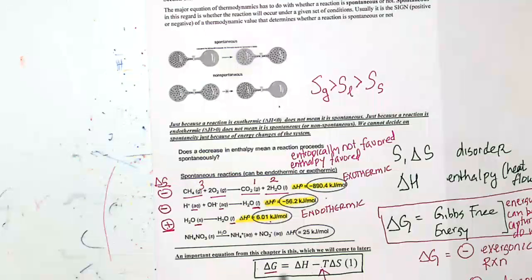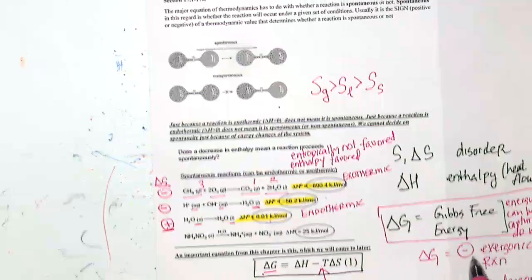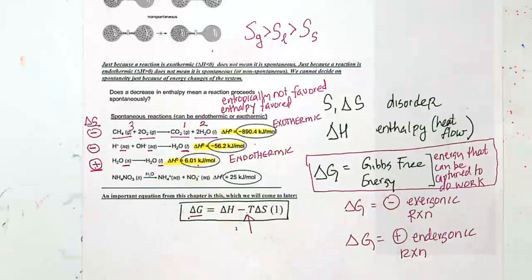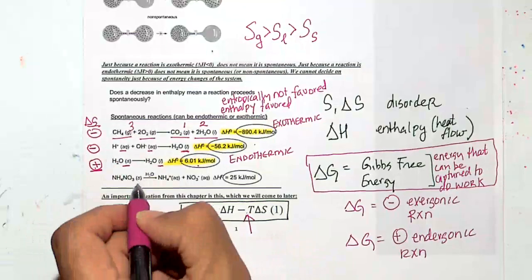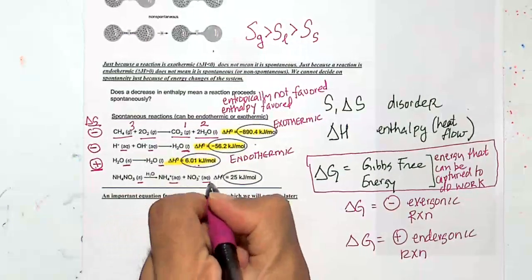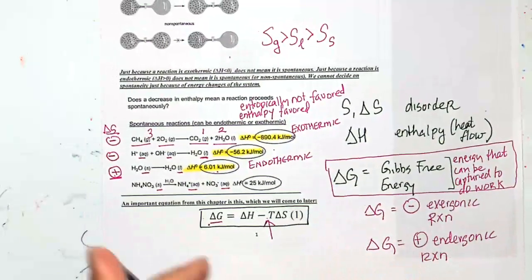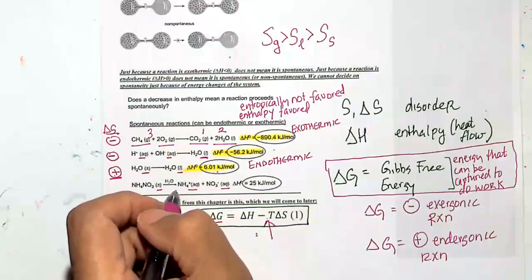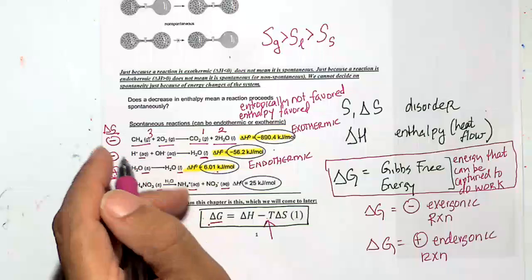You have to plug in the values, plug in a temperature. If it's negative, then yes, it will go to products, because some reactions are enthalpically or entropically favored. All right, here we have one solid going to an aqueous and aqueous. Solids are very ordered, going to a disordered aqueous and another aqueous.